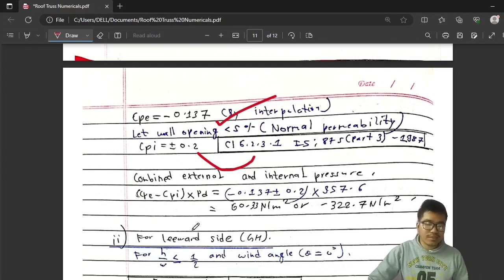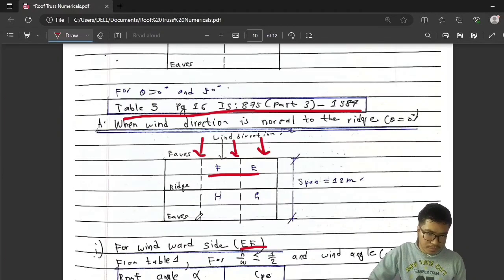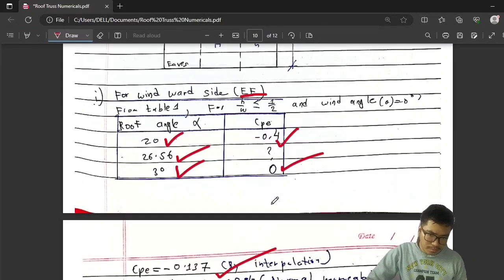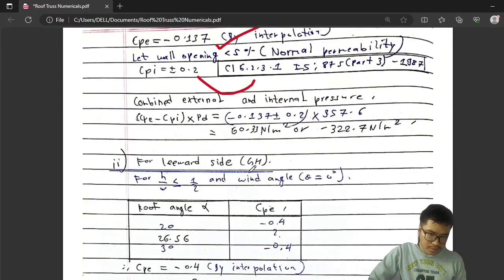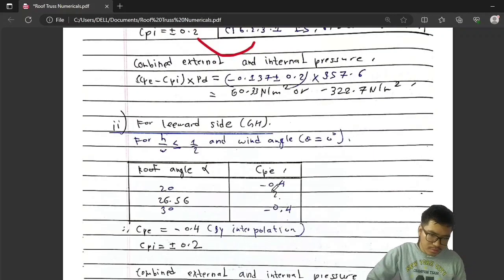And for leeward side, when wind blows from this to this direction, the leeward side will be this side. So this side is GH. H by W is less than 1 by 2 and angle theta, so the values of CPE are minus 0.4 and minus 0.4.